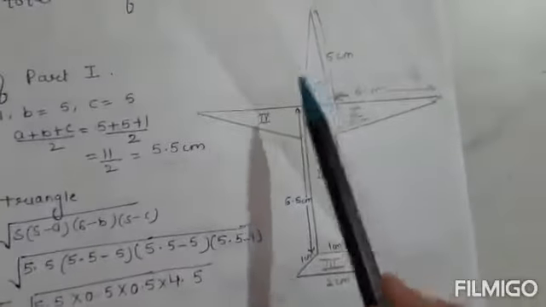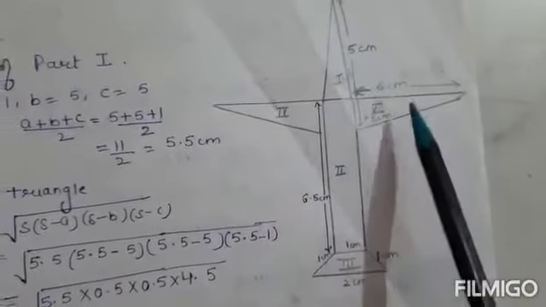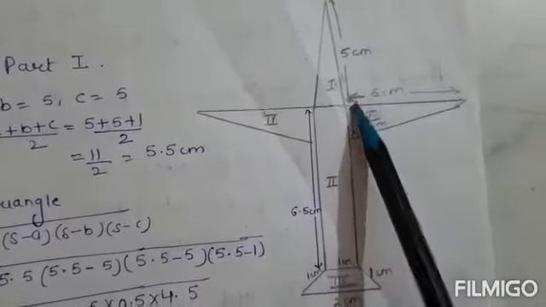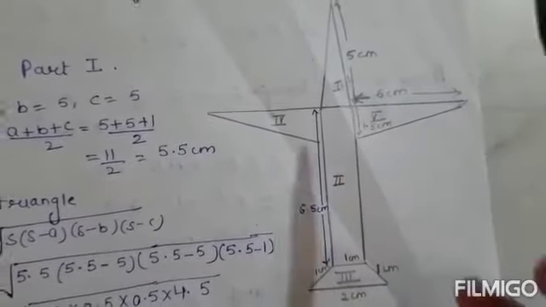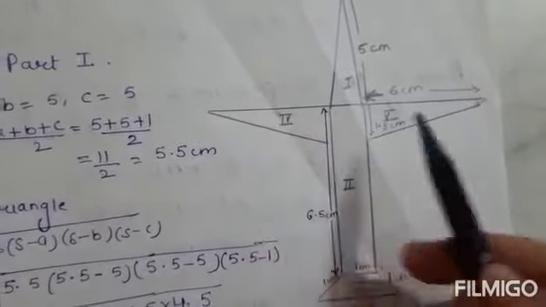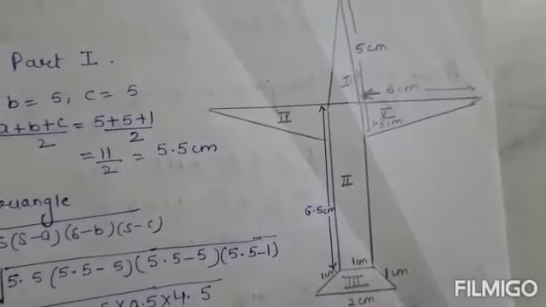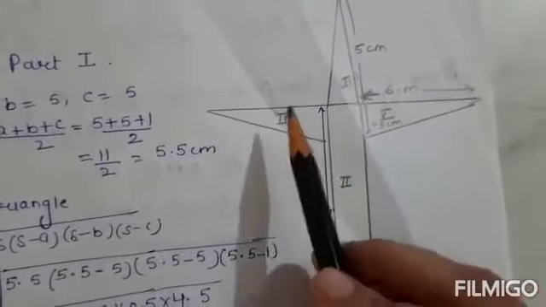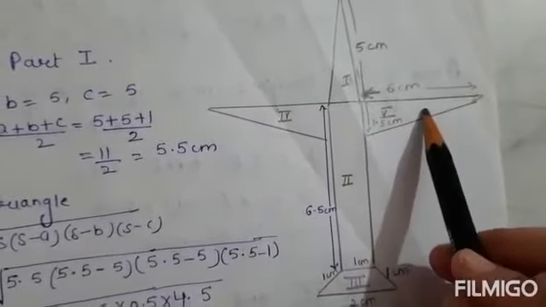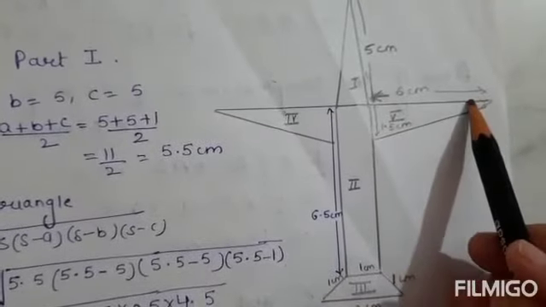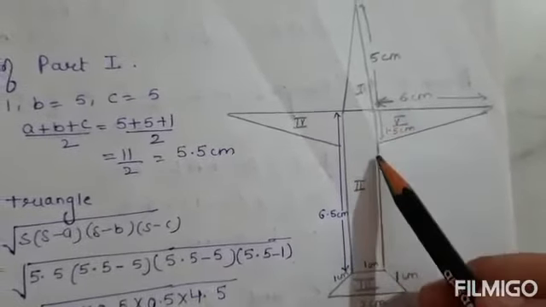Again, look into your diagram for region 4. Region 4 and region 5, they both are having equal area. Now in the diagram it is given this is 6 centimeter and this is 1. Clearly these two triangles are right triangles, right? This is a straight line, so these two triangles are going to be right triangles and both are going to have equal area. So this is given to be 6 centimeter in your book. This is 1.5.